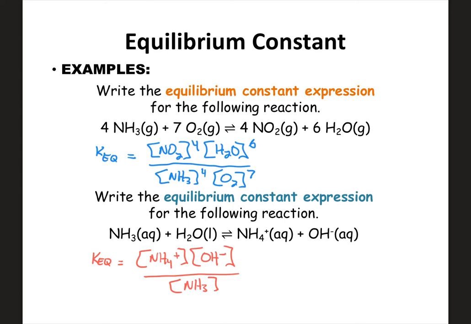Don't forget to pay attention to the coefficients, making them the exponents for each of the substances. For the second one, the water was a liquid, so it does not participate in the equilibrium constant expression. Only gases and aqueous substances are included in your equilibrium constant expression. So make sure you can write an equilibrium constant expression, and you need to be able to do this perfectly, following the rules every time because you will do this a lot.